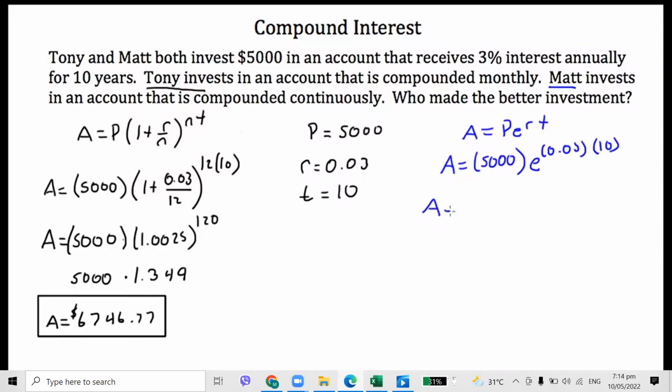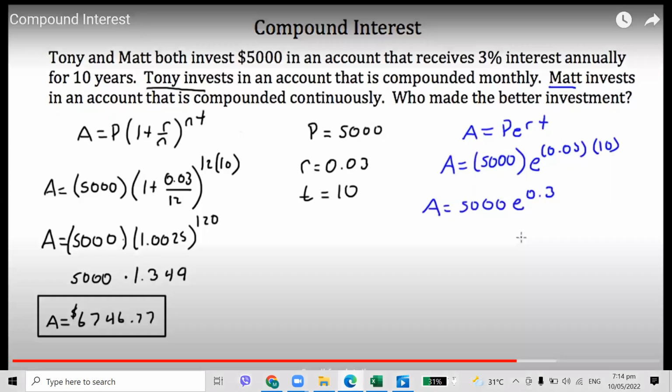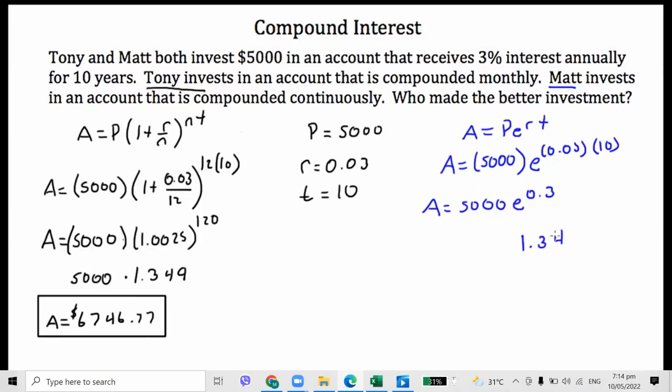So A is equal to 5,000 times e to the 0.3 power. e to the 0.3 power, that's 1.3499. Multiply that by 5,000. And Matt's final amount will be $6,749.29.